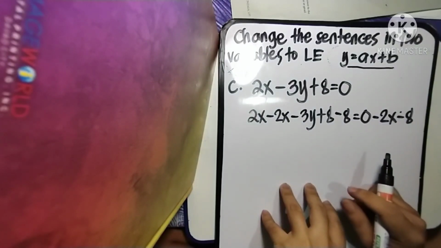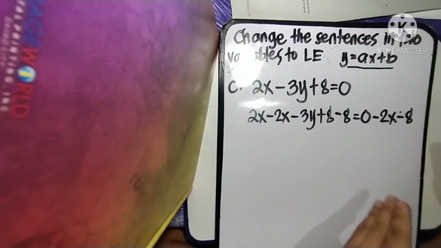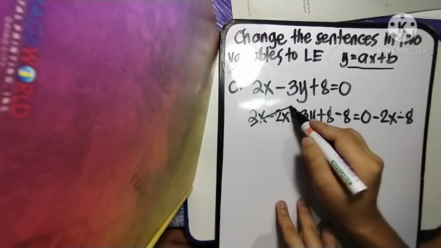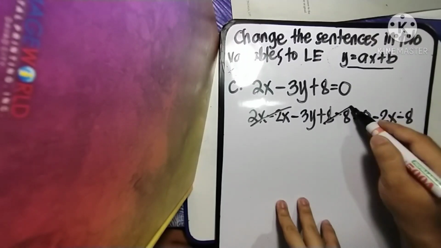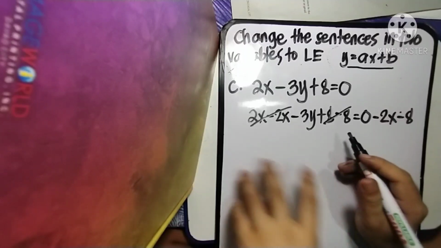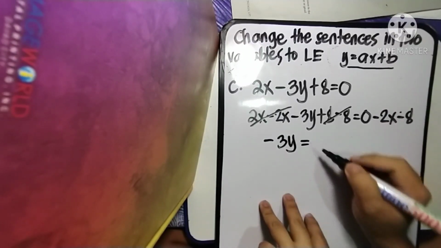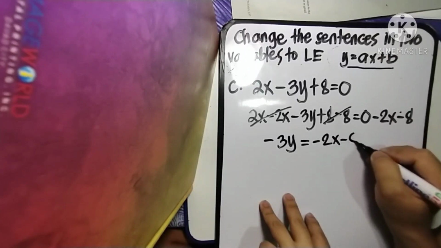Okay, so nag-minus ta diri nga side and also nag-minus ta diri nga side to maintain the balance of the equation. 2x minus 2x is 0, then 8 minus 8 is also 0. So nabili nato diri nga side is negative 3y is equal to 0 minus 2x is negative 2x minus 8.